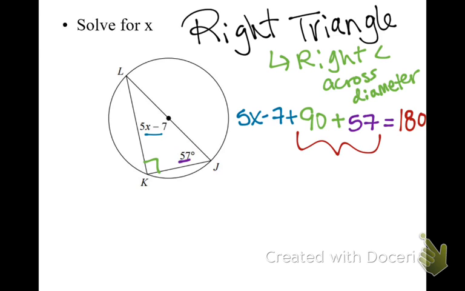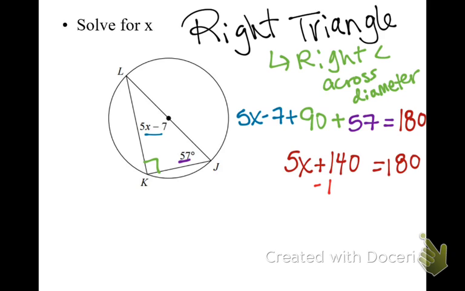All right, what's 90 plus 57? 147 minus 7 is 140 equals 180. Subtract 140. What is 180 minus 140? 40. So then x equals 8.